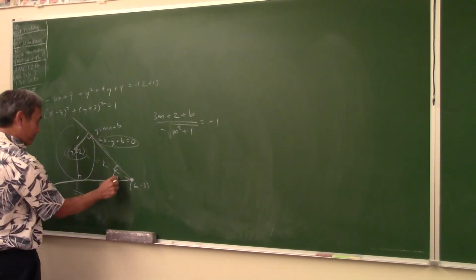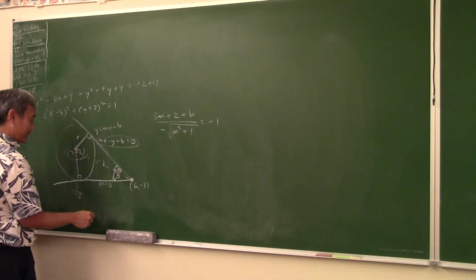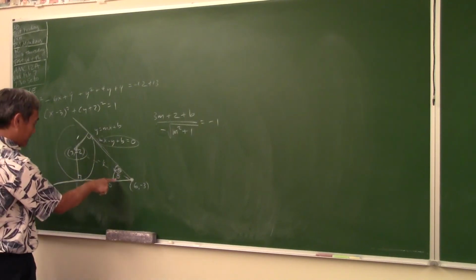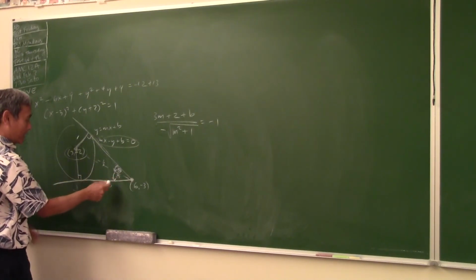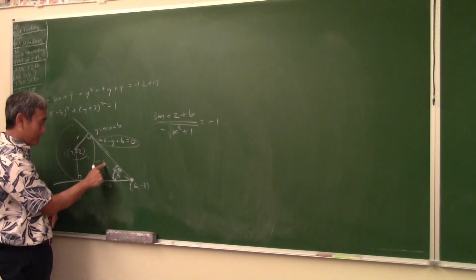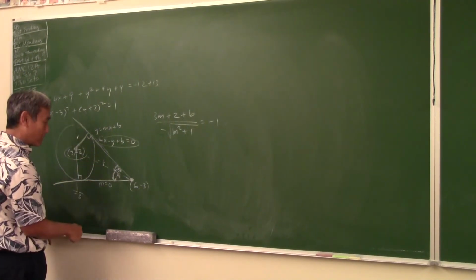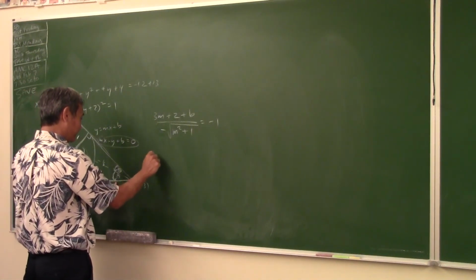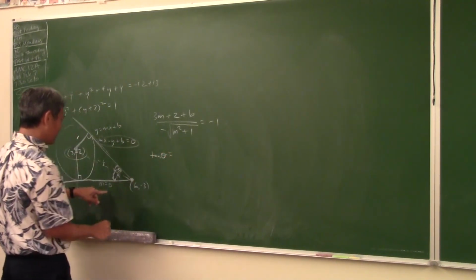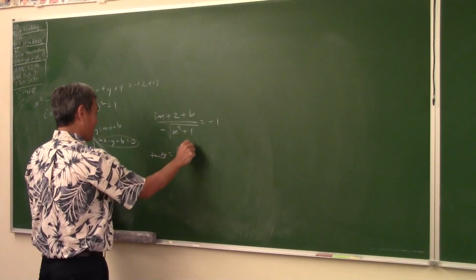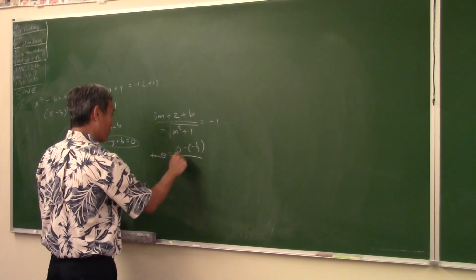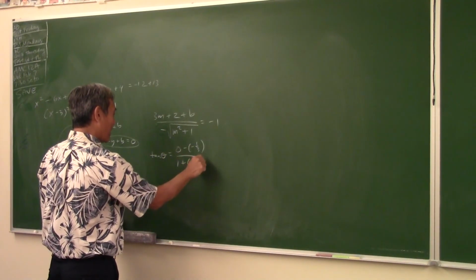So why don't we call this theta and theta? So tangent theta, let's do this angle first, remember, you got to measure it counterclockwise. This is m1, this is m2. The initial side is m1, the terminal side is m2. So tangent theta is equal to m2 minus m1 all over 1 plus m2 m1.